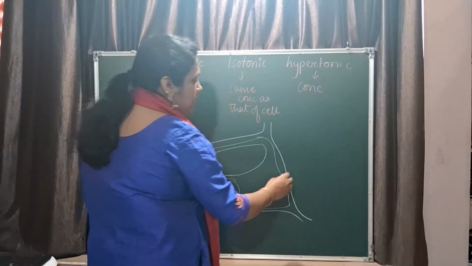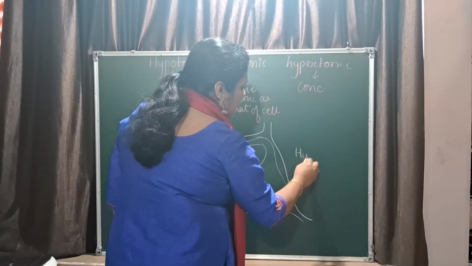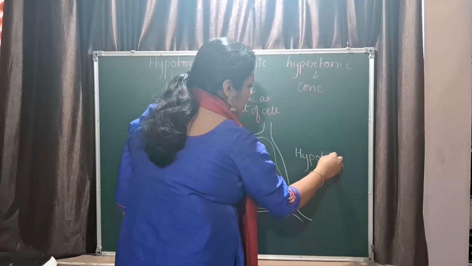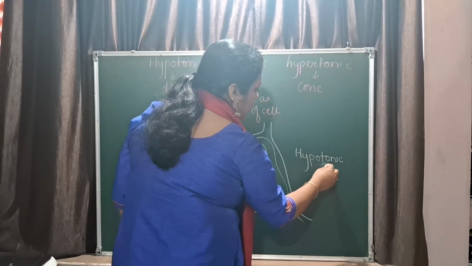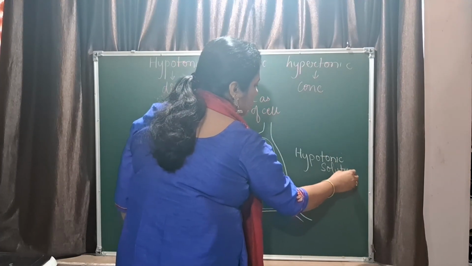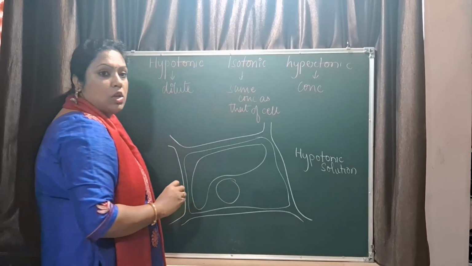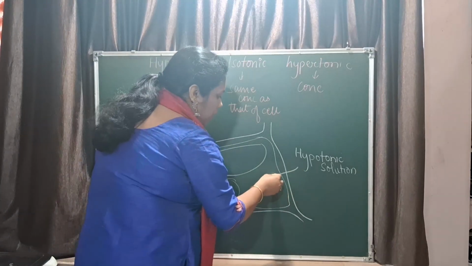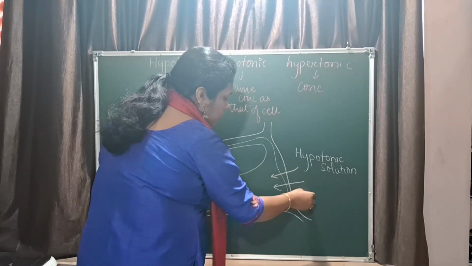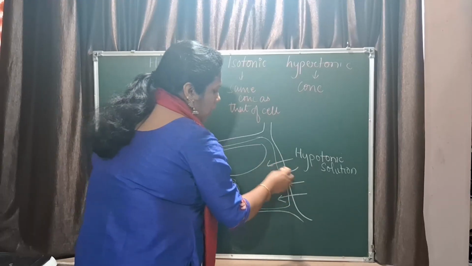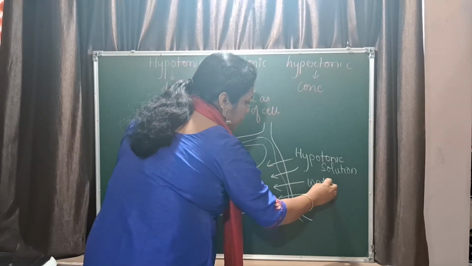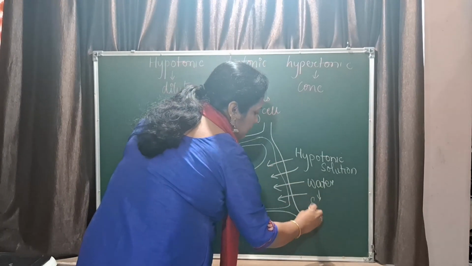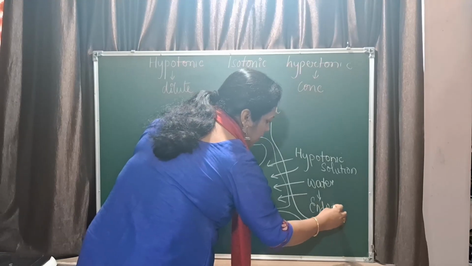If this plant cell is placed in hypotonic solution, which means it is dilute compared to the cell sap, what will happen? Water will start moving into the cell, that is, endosmosis will occur.